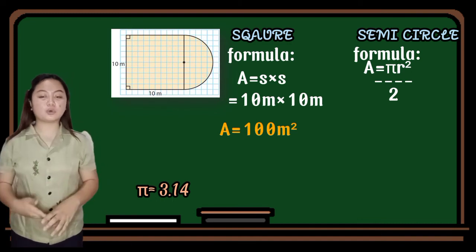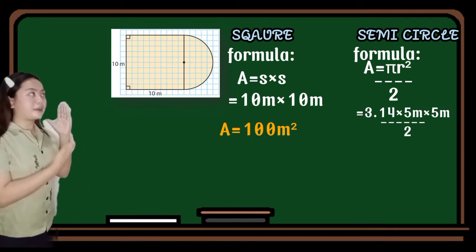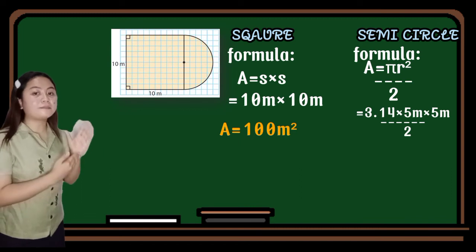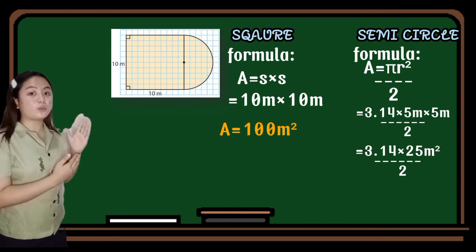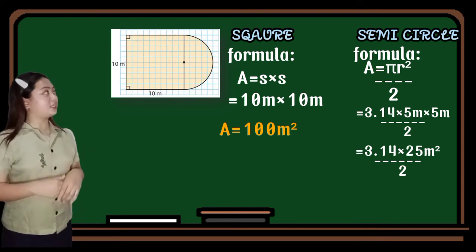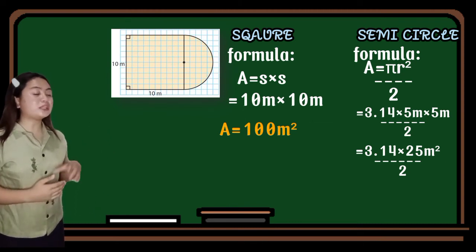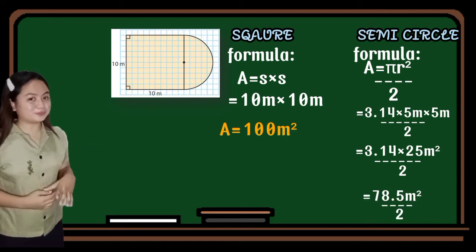Let's now solve. So we have 3.14 times 5 meters times 5 meters over 2. First, multiply 5 meters times 5 meters is equal to 25 square meters over 2. Next, 3.14 times 25 square meters, that will be 78.5 over 2.